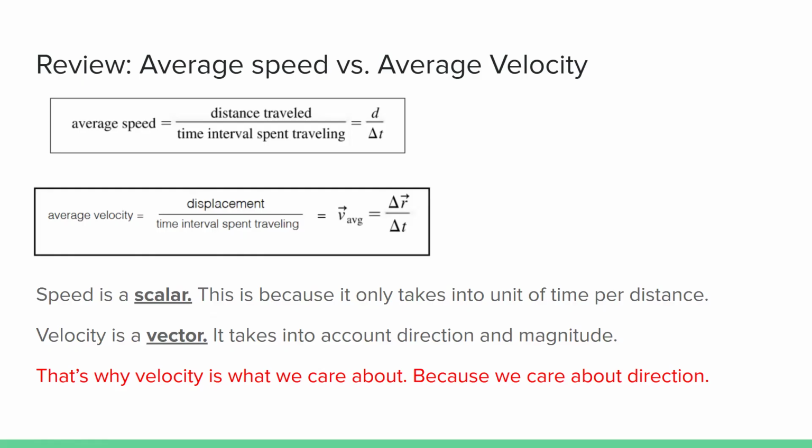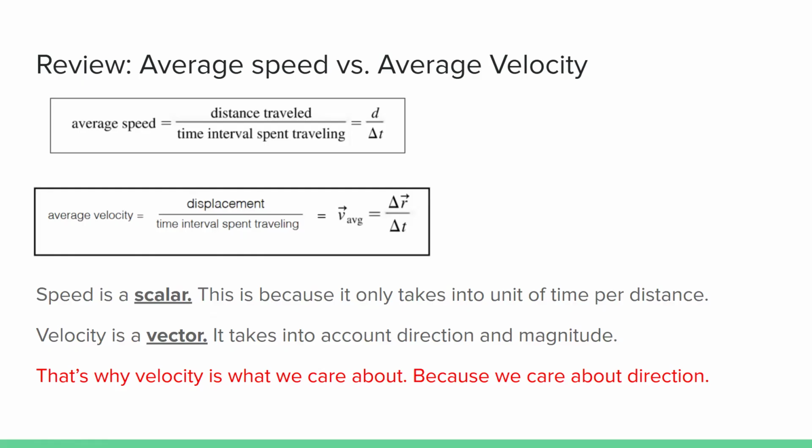And it's important to note that we use displacement for average velocity, but just distance for speed. And those are not the same either, because once again, displacement is going to be a vector because it cares about direction.